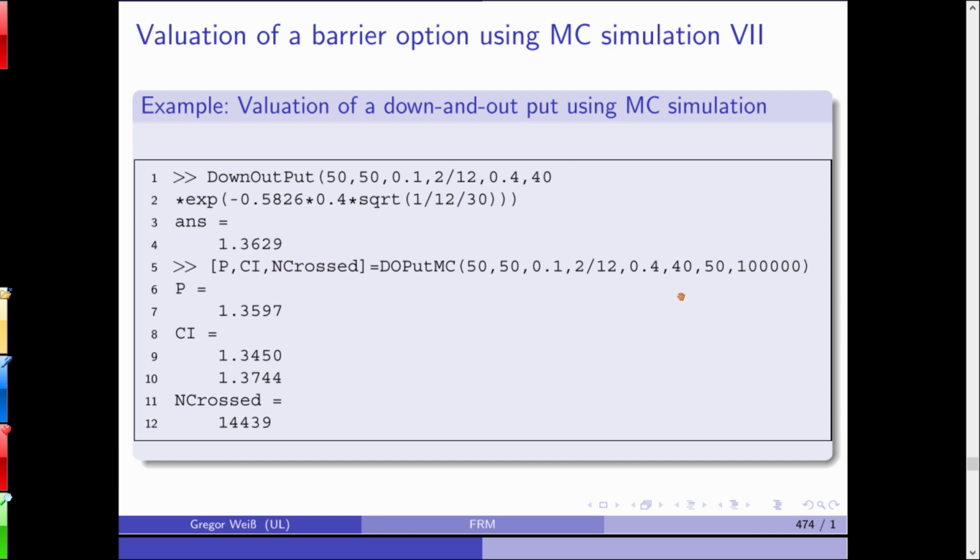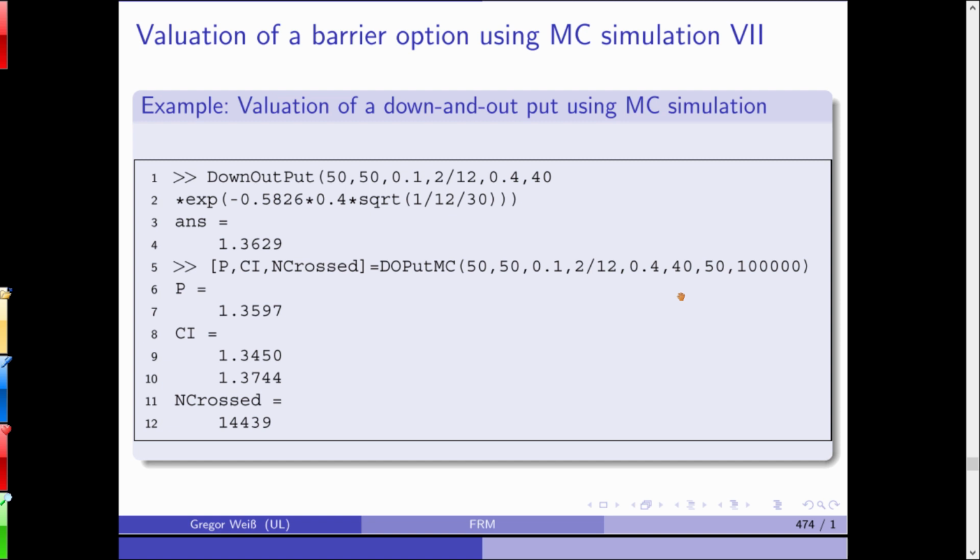And N cross is 14,439. So actually we do know how many times the barrier was crossed, in 14%. So out of those 100,000 simulations, in 14% of those simulations, the option was knocked out.